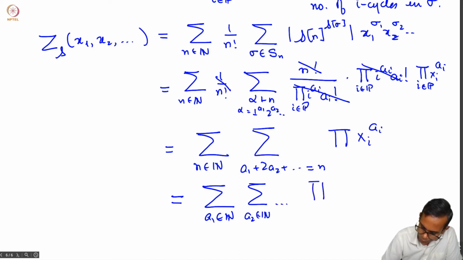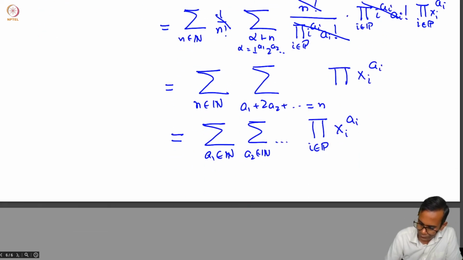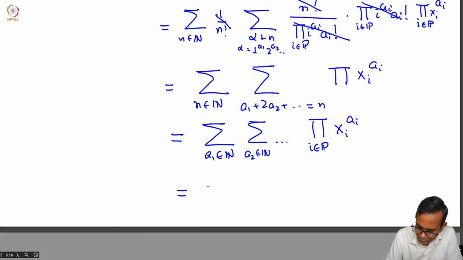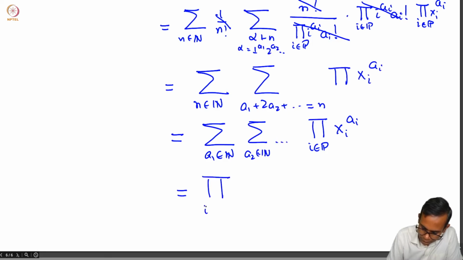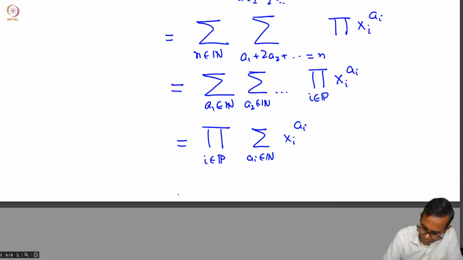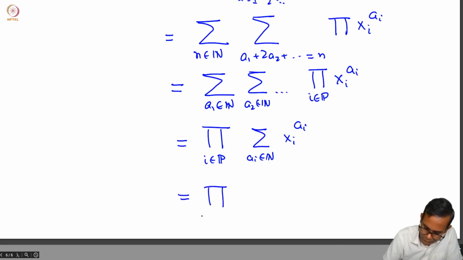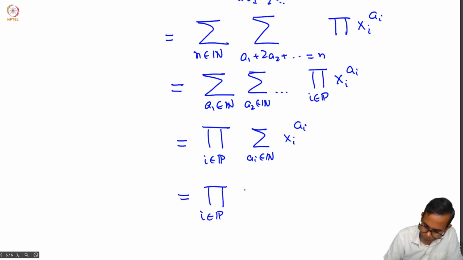And then we have product xi to the power ai, i in P. Using distributivity, we can write this as product i in P, summation ai in N xi to the power ai, which becomes product i in P 1 over 1 minus xi.